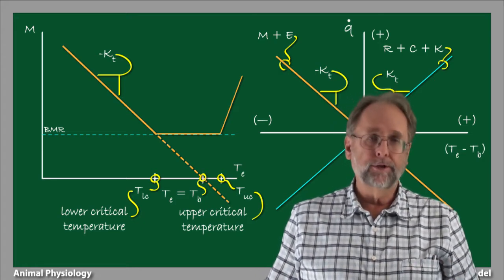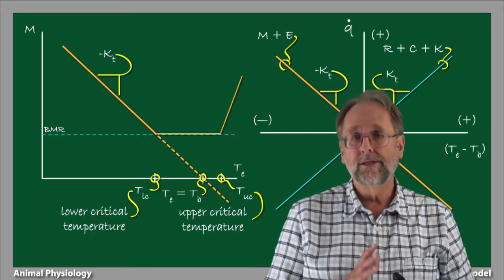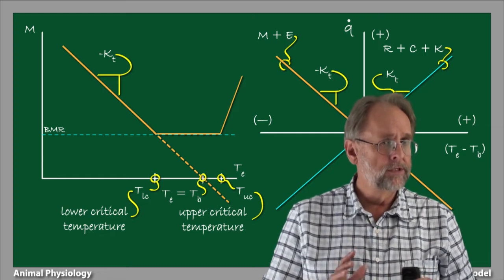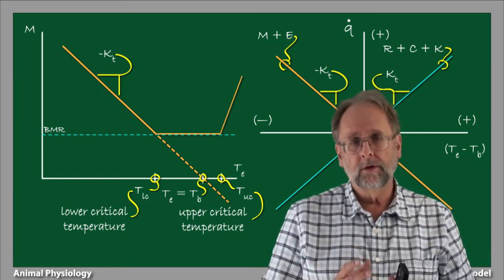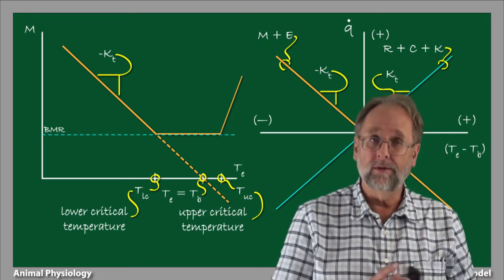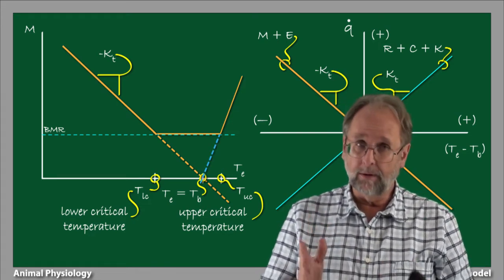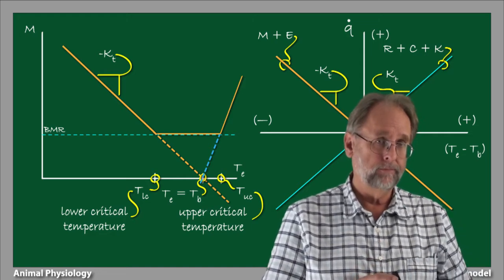The upper critical temperature and the sharply increased metabolism at temperatures above that is also straightforwardly derived from Fourier's law, but there are some other implications to it. For example, the curve of metabolism, like the metabolism curve at temperatures lower than the lower critical temperature, must extrapolate to an environmental temperature that is equal to the animal's body temperature.